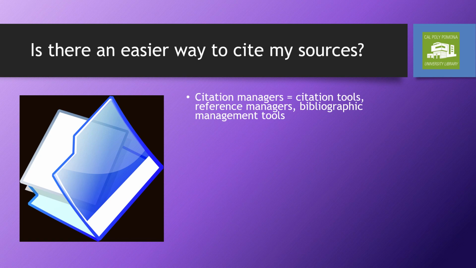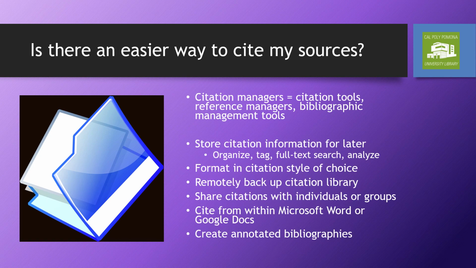With a citation manager, you can potentially store your citation information where you can later organize, tag, full-text search, and analyze the sources you've gathered, format your information in the citation style of your choice, such as APA or MLA, remotely back up your citation library so you can access it from any computer, share your citations through shared folders with individuals or groups like for group projects, cite from within Microsoft Word or within Google Docs, etc., and create annotated bibliographies. Using a citation manager can help save you time and keep your work organized.